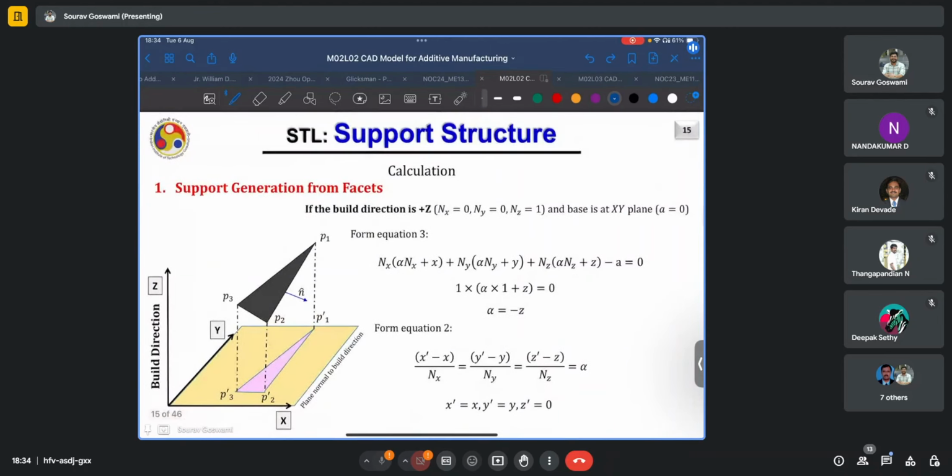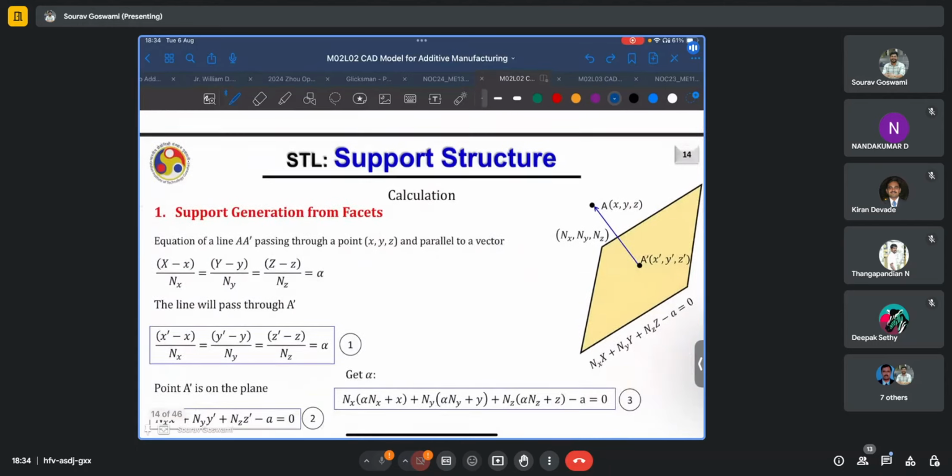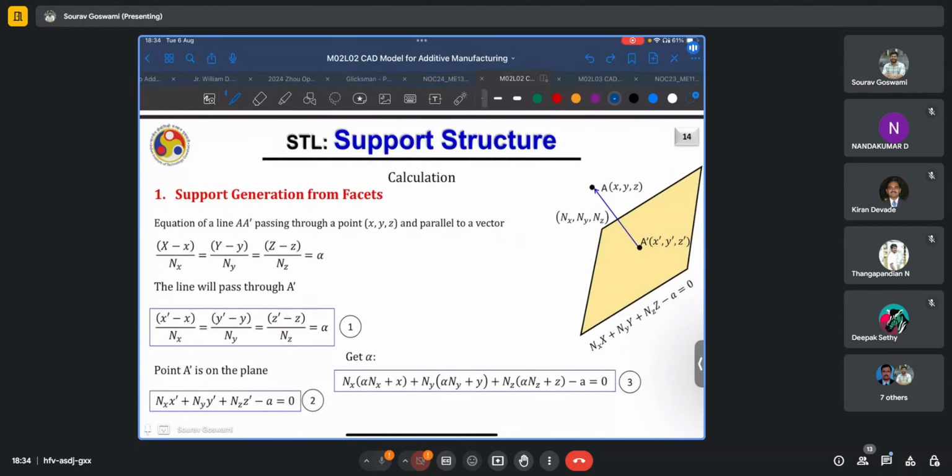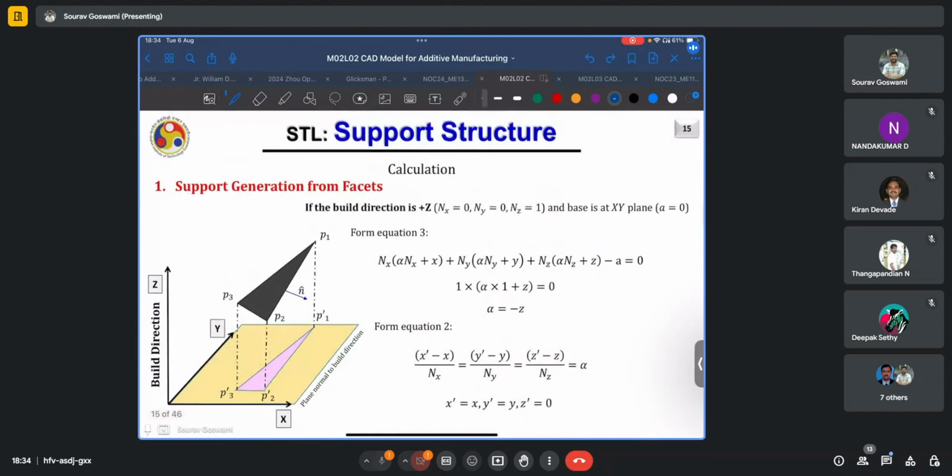What we're essentially doing is, this was the case for any generalized build direction, and here is a simplified case for the positive Z build direction.